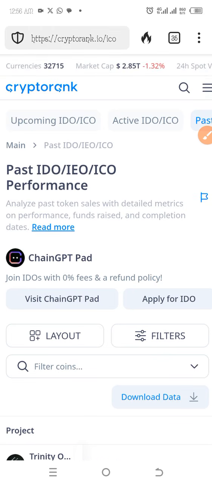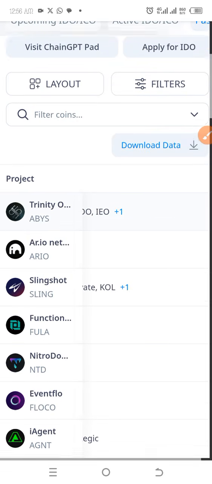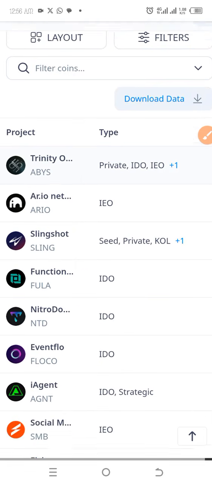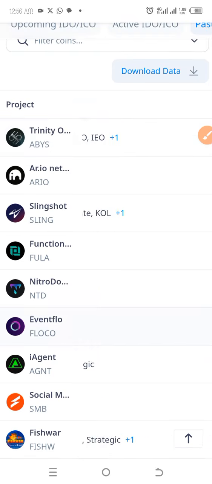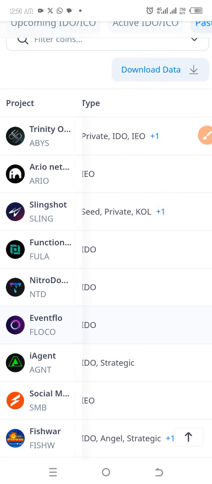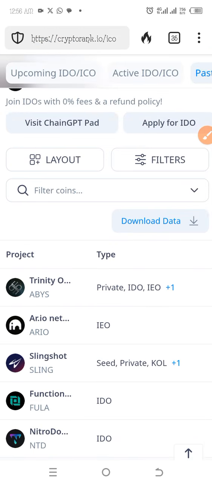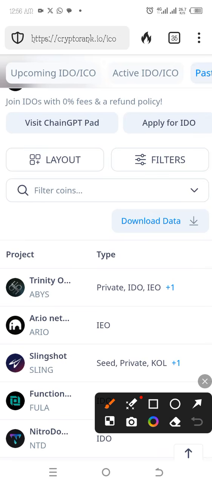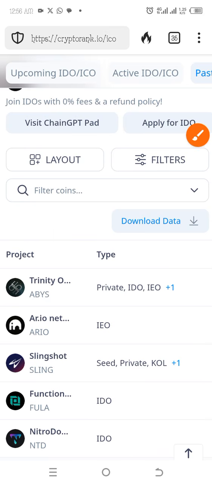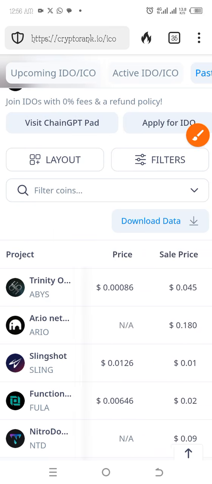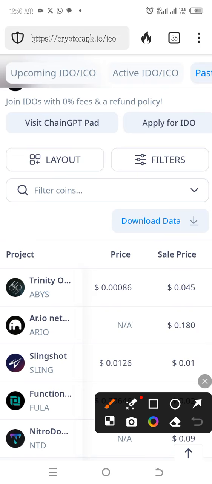So this is Cryptorank. I believe some of you know about it. Look at this ICO, look at this IDO. Firstly, if you notice, here is the project name. We have the project name, the project type, and also we have the price and the sell price.